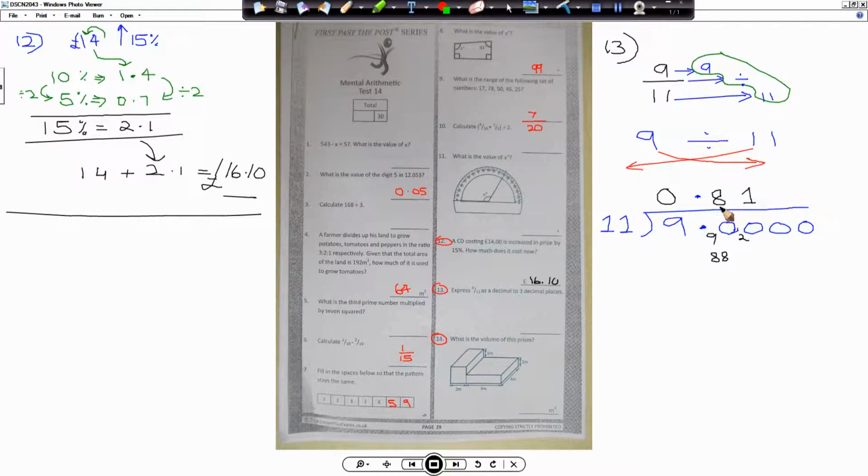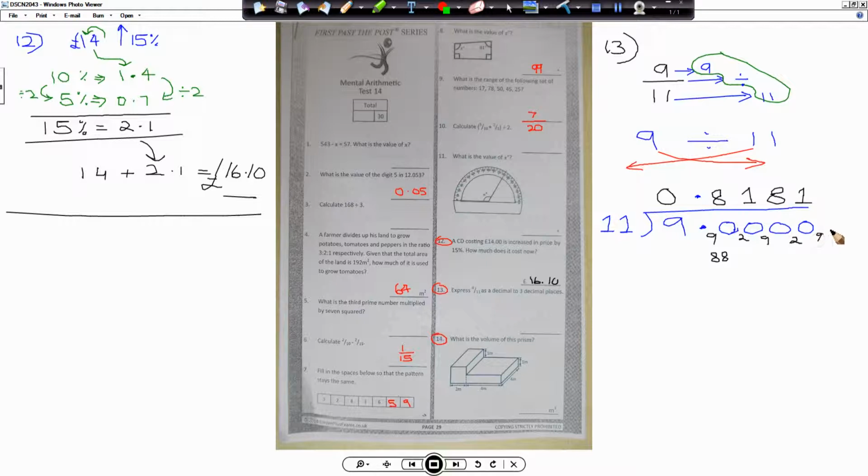What's the remainder? 9. 11 times 1 is 11, and 20 take away 11 is 9. So how many 11s in 90? 8. The remainder is 2. How many 11s in 20? 1. Remainder 9.